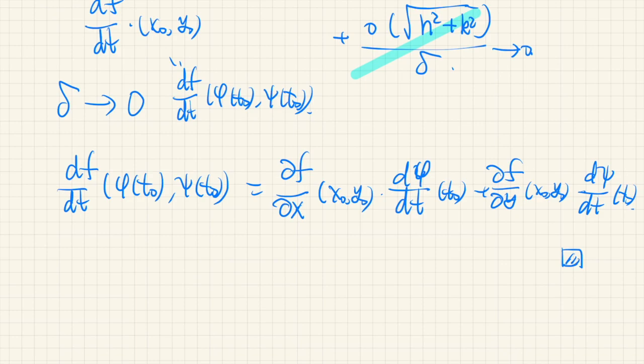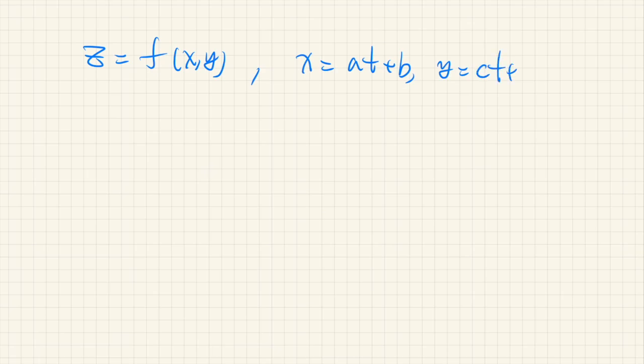Let's see a simple example. Suppose we have z equals f of x, y, where f is any totally differentiable function, and let's say x is given by at plus b and y is given by ct plus d. Of course a, b, c, d are constants and t is a variable. In this case the derivative dz dt is given by this.